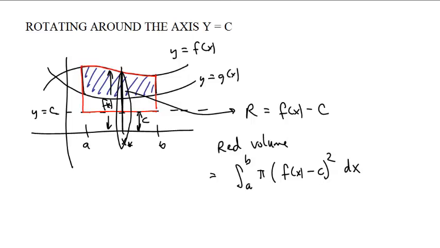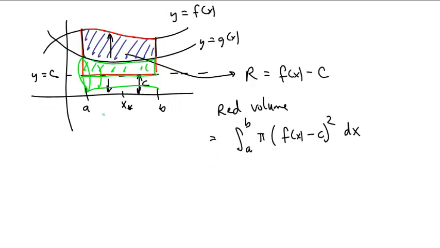And then, oh goodness, what is it? The green area, this part in here, which we want to take out. We want to take that and rotate that around and take that out. What is that? Well, it's the same thing. It's g of x minus c that is your radius. So why don't we just go straight to the full volume. Let me type this. Insert text box.